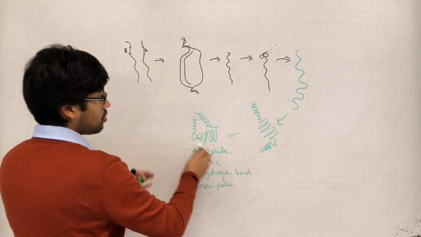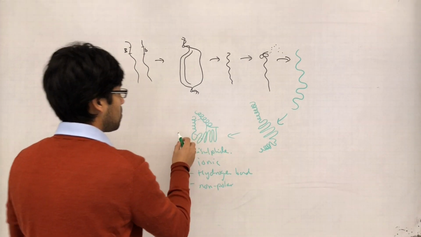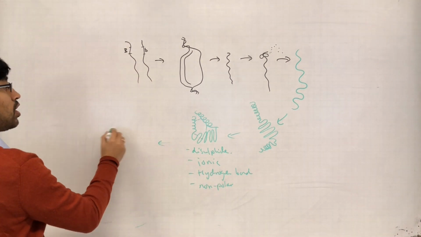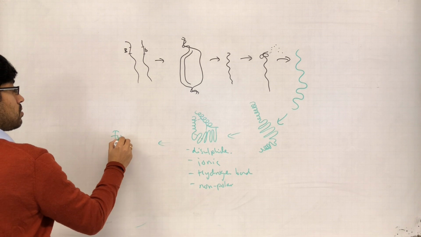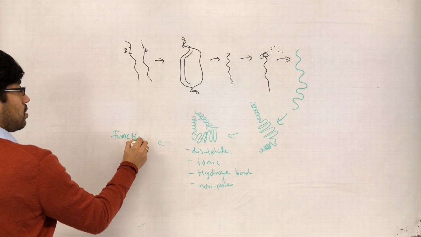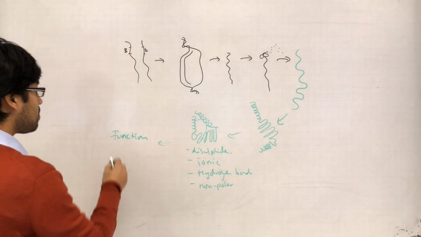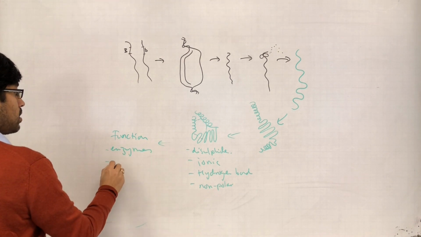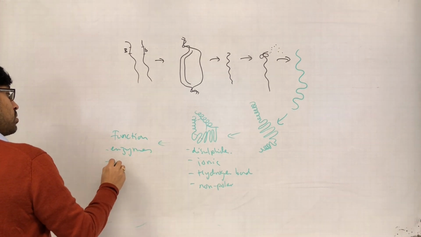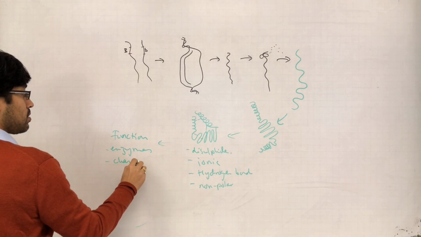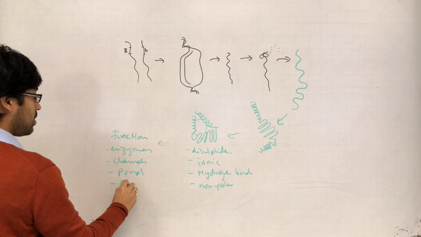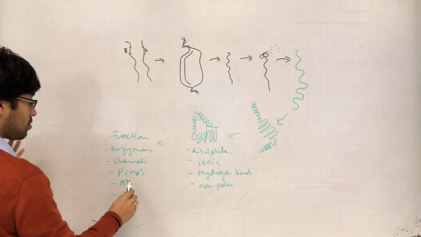So you've got these, and that determines the tertiary structure, and the tertiary structure ultimately determines the function. Proteins can be enzymes, transport proteins, channels, pumps, antibodies, or structural.